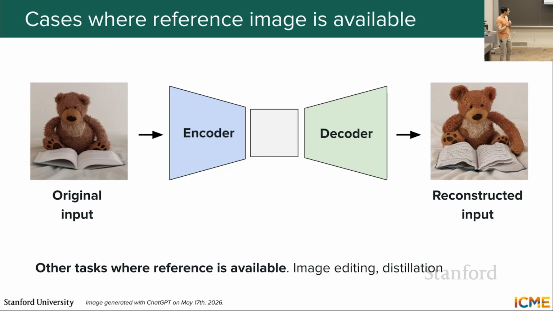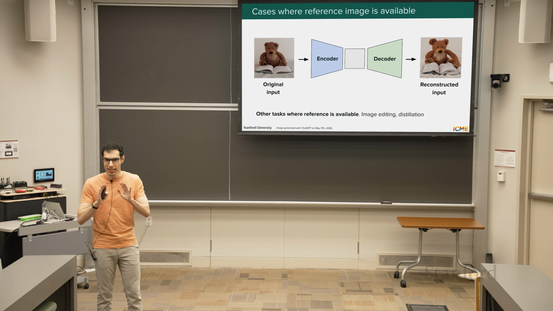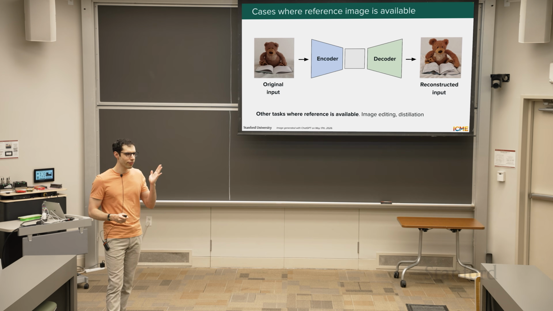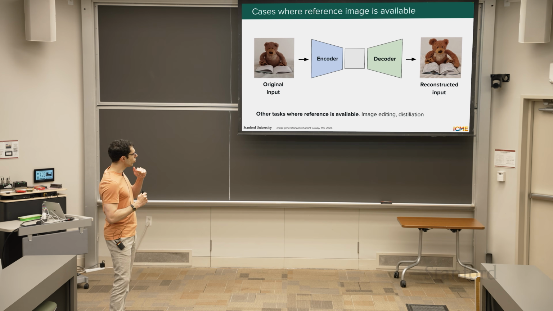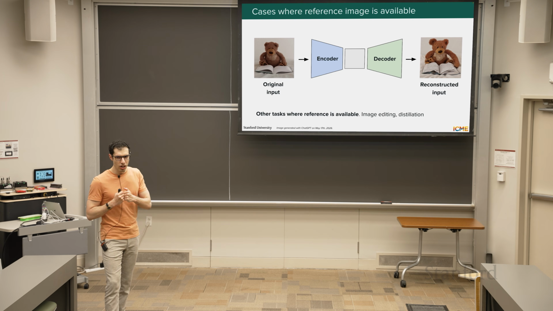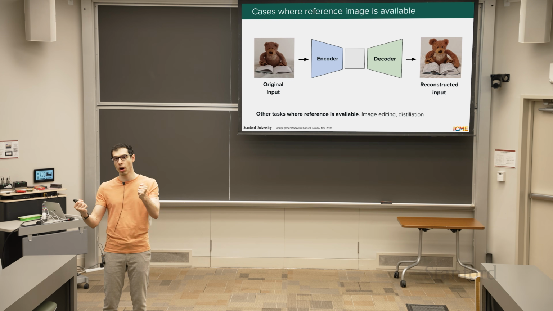And in this setting, your label is much, much clearer, because your proxy task is to reconstruct the original input. So in that sense, you do have a reference to base yourself on.